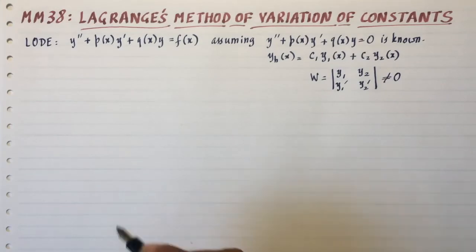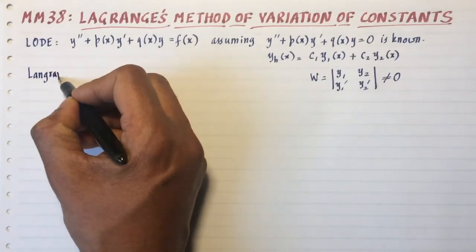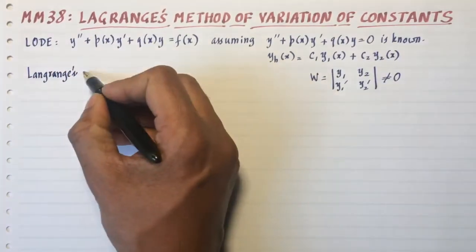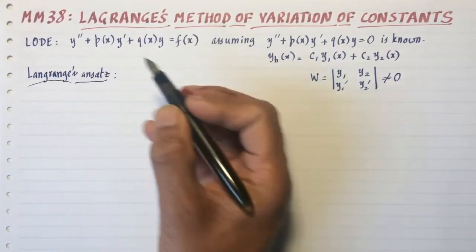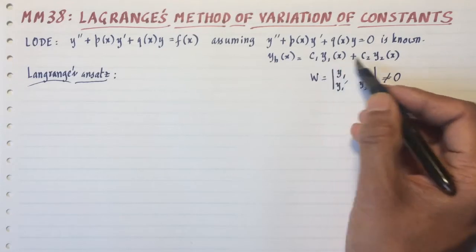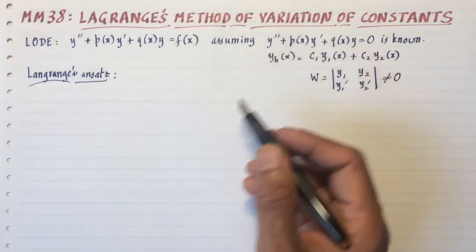So we already know that this must be true. All right, now how do you find the solution to that? Lagrange's method, or Lagrange's ansatz, is the following. Lagrange assumed that all you need to do is make c1 and c2 functions of x, and then this will be the particular solution under certain conditions.